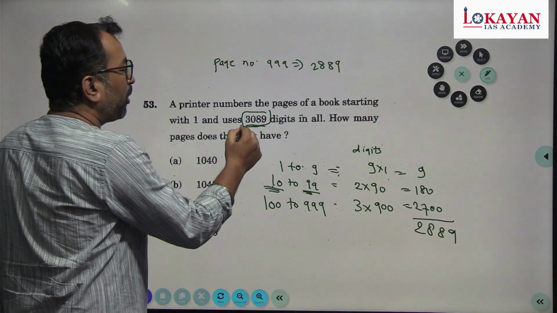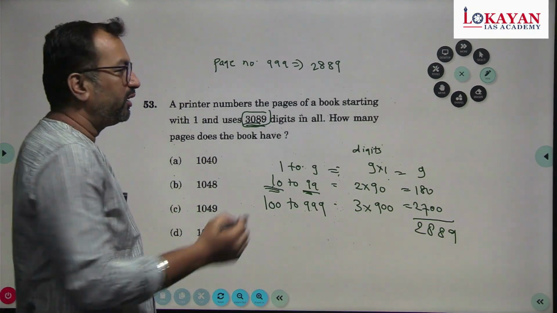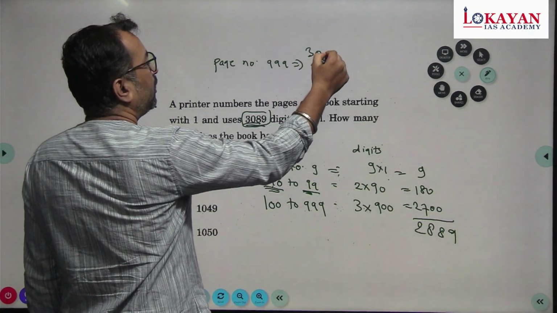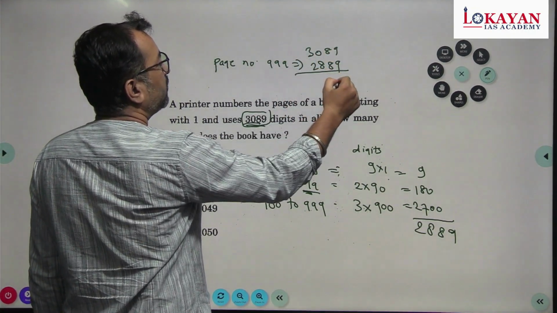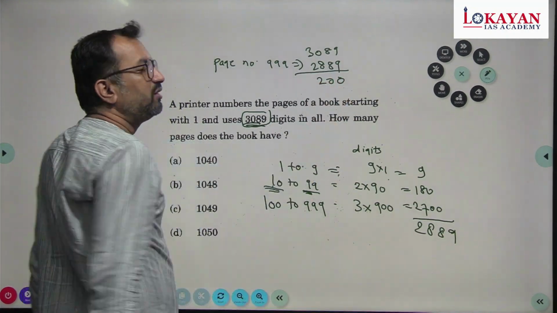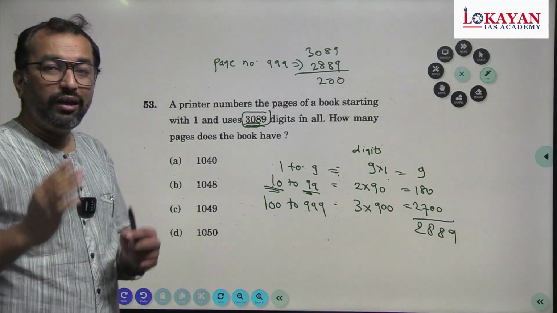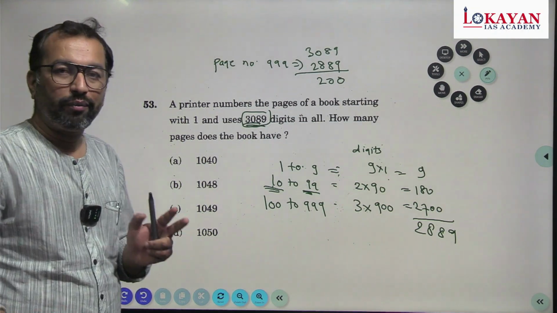But we want the number of digits 3089. So what is the difference? 3089 minus 2889. So the difference is 200. We need 200 digits more.